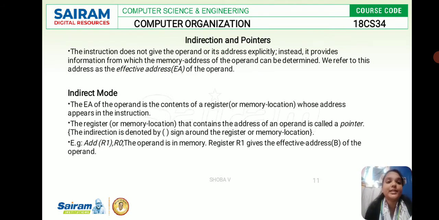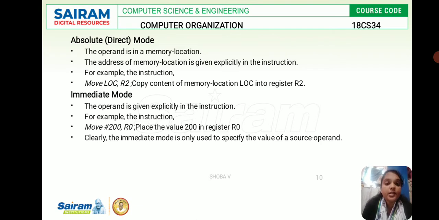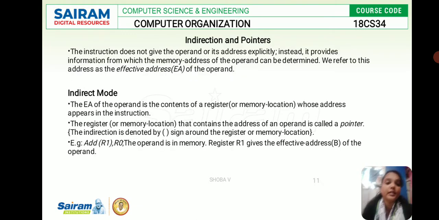Now we will see indirection and pointers. Indirection is about the address. The instruction does not give the operand or its address explicitly. Instead, it provides information from which the memory address of the operand can be determined, which is the effective address of the operand. So in direct mode, the address is given explicitly in the instruction.